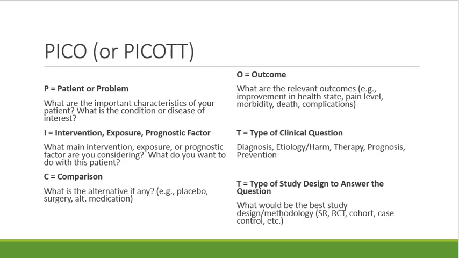There's also the ability to do things with prognosis, prevention, and etiology or harm. The final T is the type of study design to answer the question. And this is just getting you thinking about, okay, if I have an intervention and a comparison group, am I wanting to look at a randomized control trial? Or do I want to have a case control study?